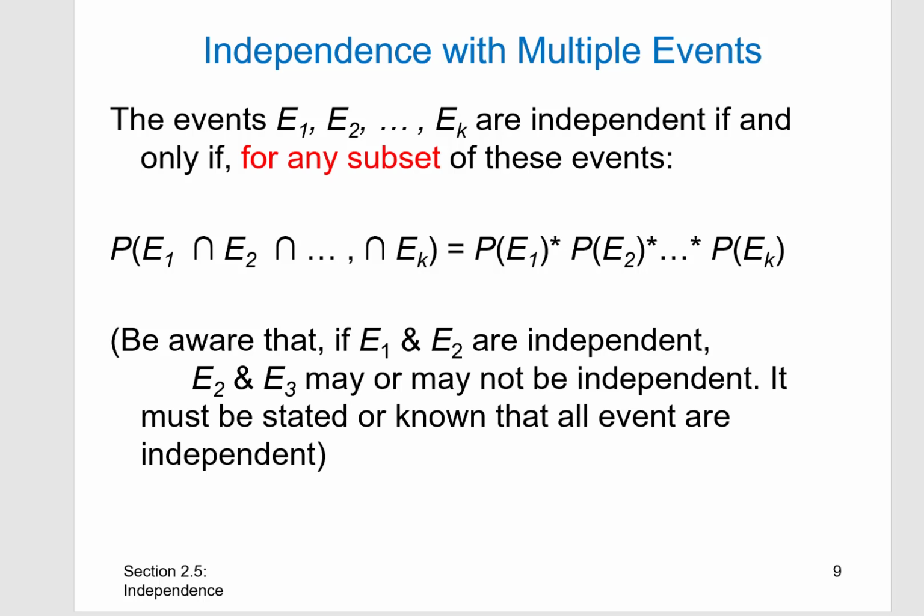Now, if E1 and E2 are independent, E2 and E3 may or may not be independent. It must be stated or known that all events are independent in order to say that the probability of E1 and E2 all the way to EK equals the product of all their probabilities.